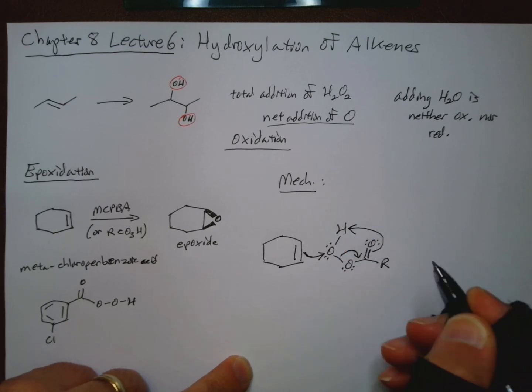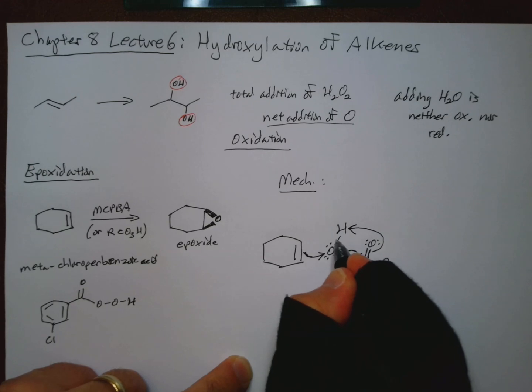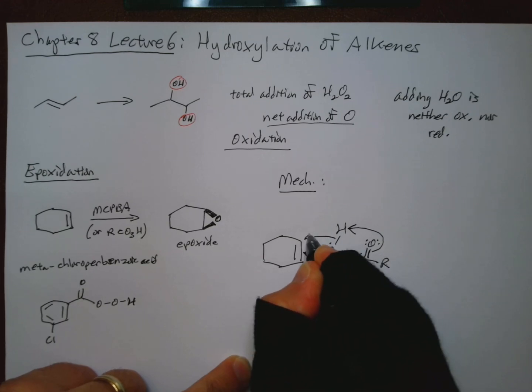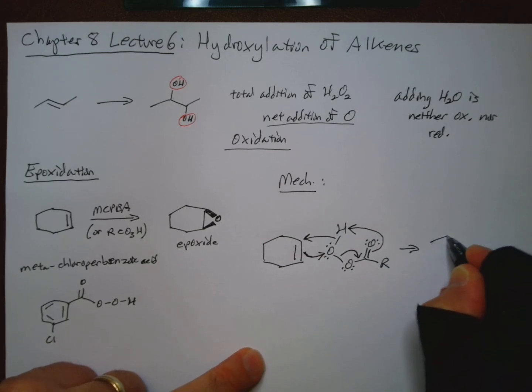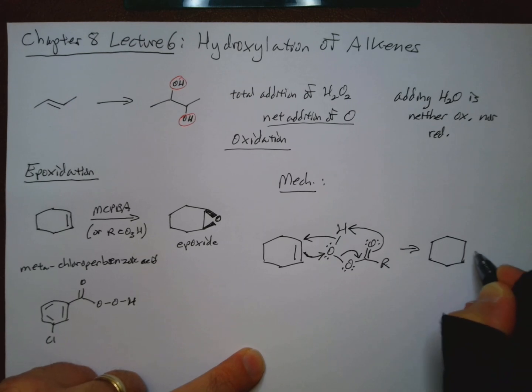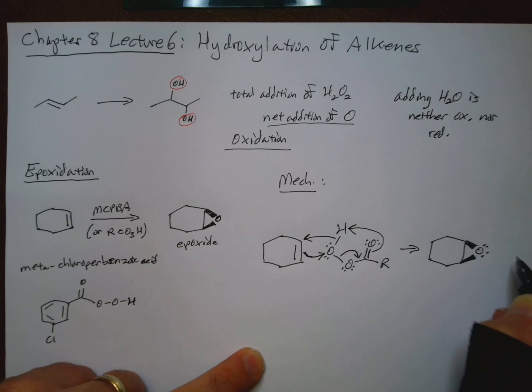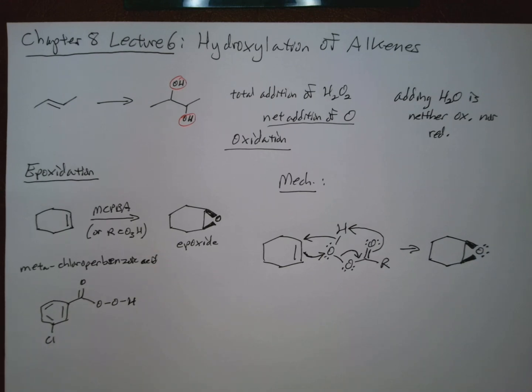Those will pluck off that hydrogen, and these leftover electrons then will go there, and that gives us now our epoxide oxygen. And notice that this is similar to the bromonium ion and the mercurium ion. I always forget what that's called. Anyway, the one that you see in the oxymercuration, demercuration.